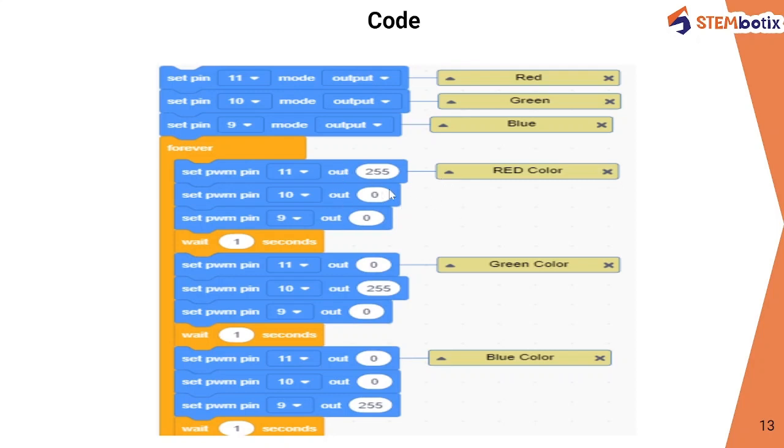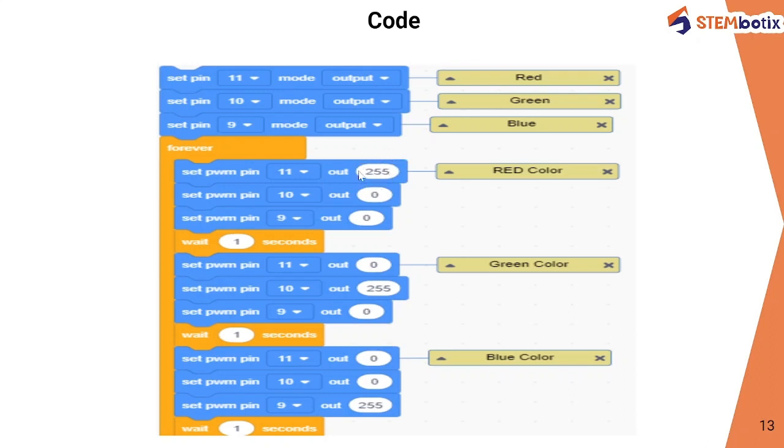First of all, we are going to turn on the red color, and at that time the green and blue colors are going to be off. The red color is connected to PWM pin number 11 of the Arduino. So we will give a high output to pin 11, and pins 9 and 10 will remain off. Here we can see that PWM pin 11 is set to 255.